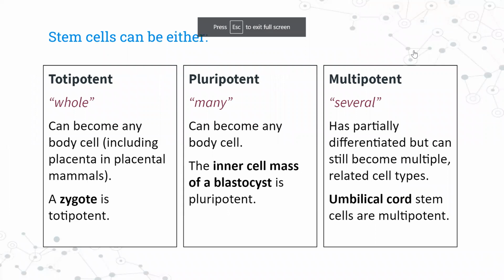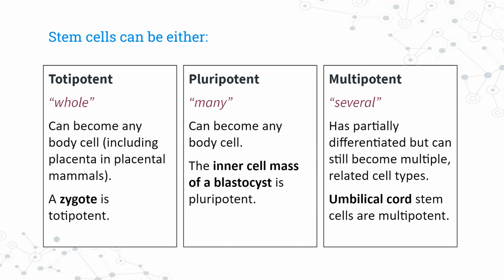All right, so if you don't have your notes done, you won't have time to do it now, but I'm just going to quickly go over and make sure it's clear what you should have done in your notes. With toti, pluri, and multipotent, you want to know where these things come from, okay? So a zygote is totipotent. A zygote is like the very beginning of you, okay?